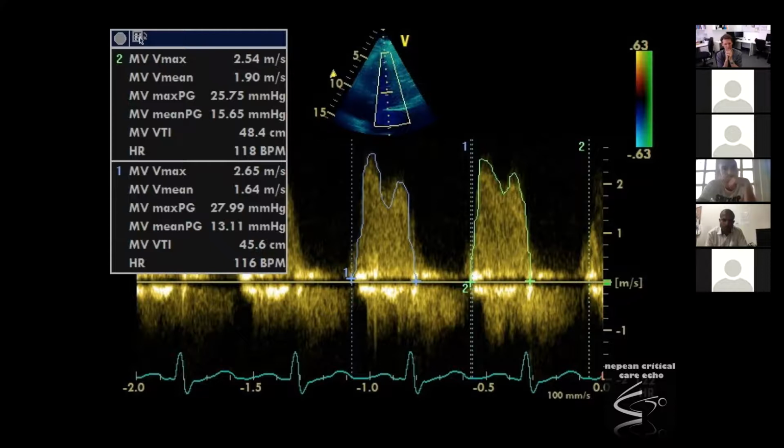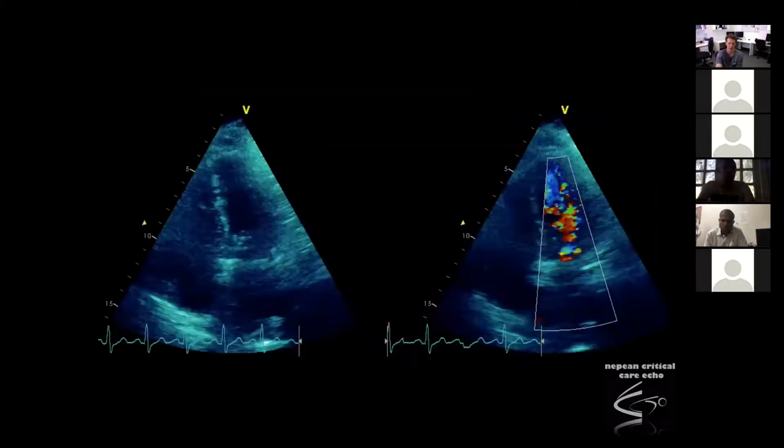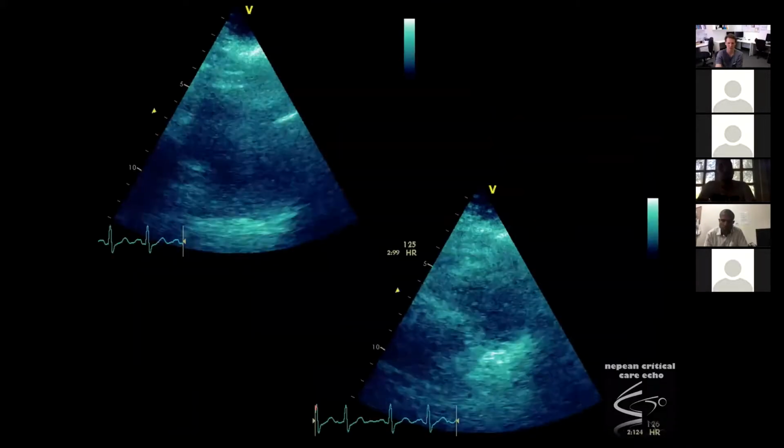So the mean gradient is 15.6, which is in the severe category. I'm just trying to see where my cursor is, whether it's at the right place or not. Looks okay. Now taking that picture, having that in your mind, let's look back at this. I just don't know how well it comes out.